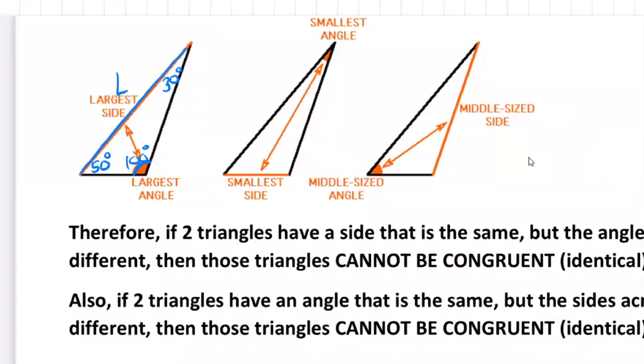Whereas here's the smallest angle. This is like the 30, and across from him is the smallest of the three sides, right? This might be 15, 10, and 6. I'm just totally guessing, just making up some numbers that might be right, just to help you see it.